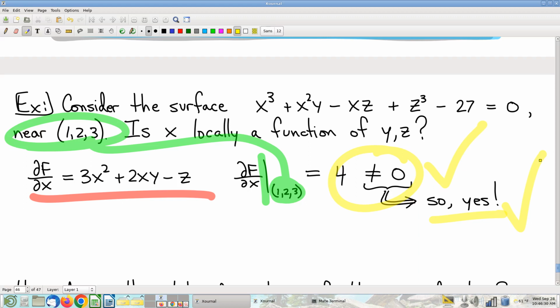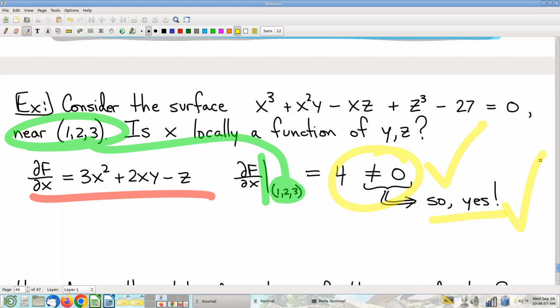I can't solve for it, but I know it is a function, and therefore I can actually talk about the partial derivatives of x with respect to y and z, because it's in fact a function. And if I were to say partial of x with respect to y, I know for sure that that's not garbage. That's not a nonsensical question. Everybody with me? All right.